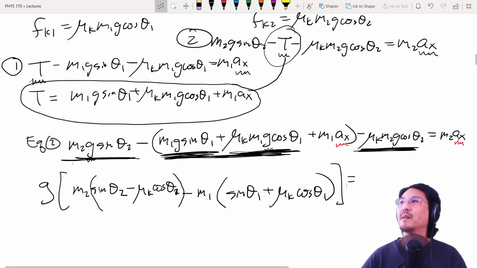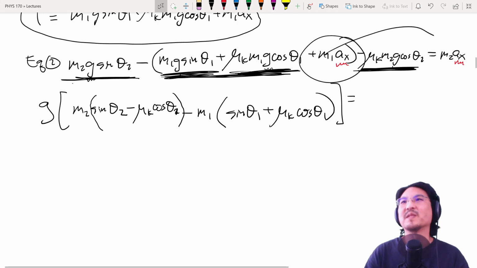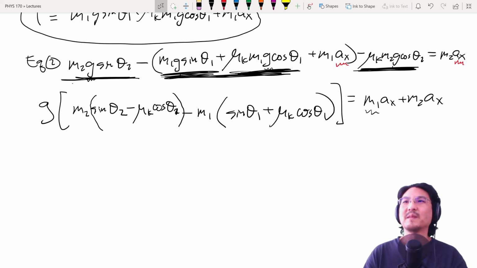Equals, and then I'm going to move this on the other side. Okay, and then I can factor, I'm just going to factor it right now. m1 plus m2 ax.